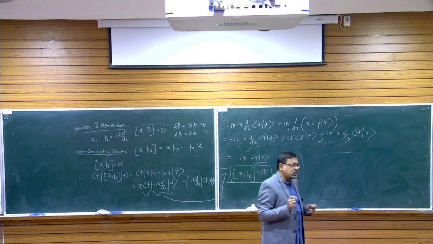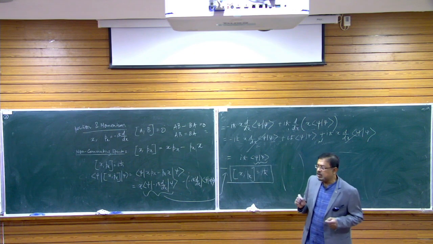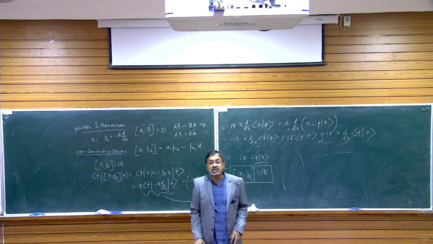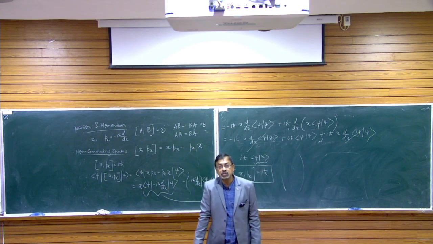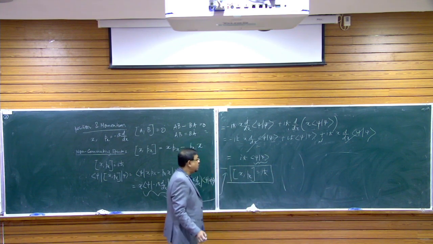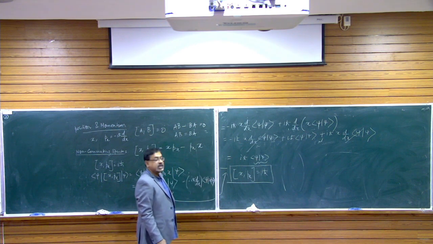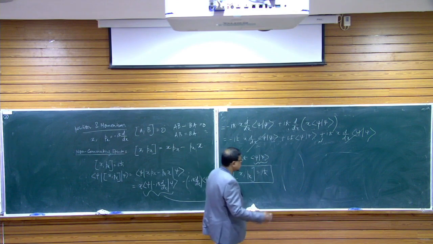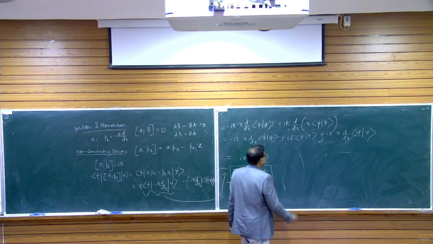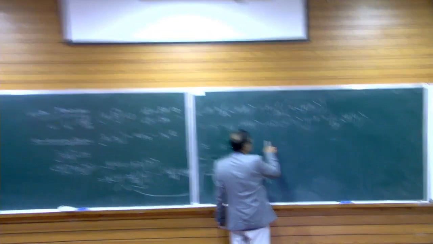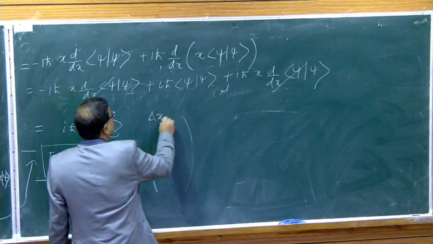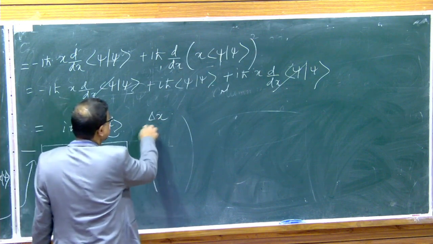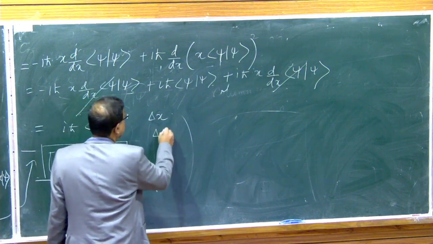And this is also related to, or rather it justifies, the Heisenberg uncertainty relation, which says that delta x delta p is greater than or equal to ħ by 2. Okay. And I have also told you how to calculate, suppose you want to actually calculate the delta x, which is the uncertainty in position, and delta p.